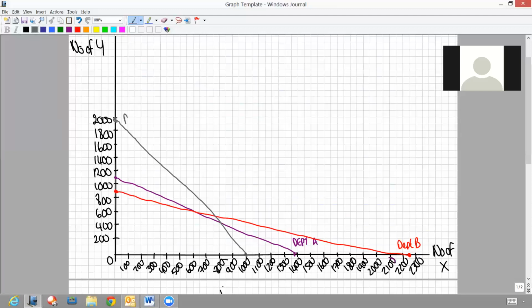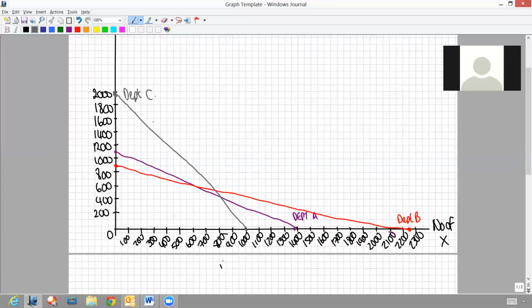Just label up Department C. So what you now need to do is a little bit of colouring in, okay? And the colouring in is basically to go within all of the points that could be a potential for actual production. So we need to colour inside all of the intersects.